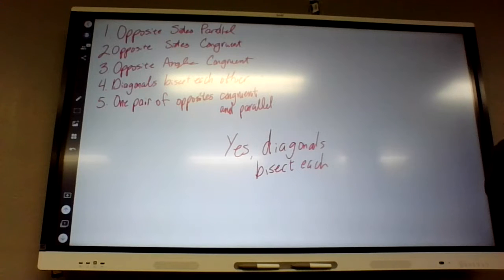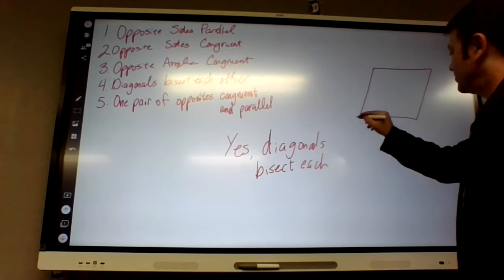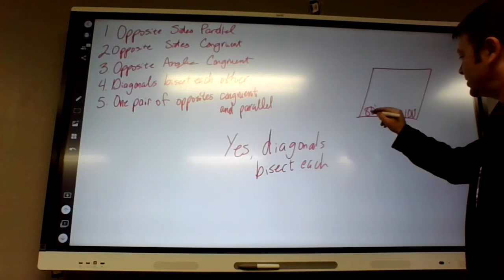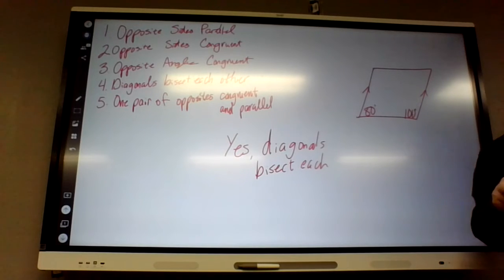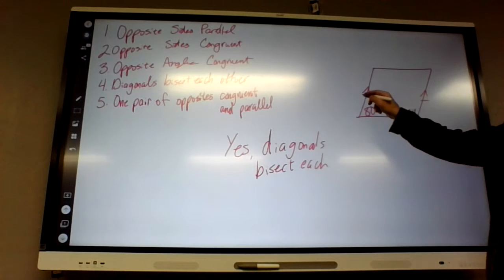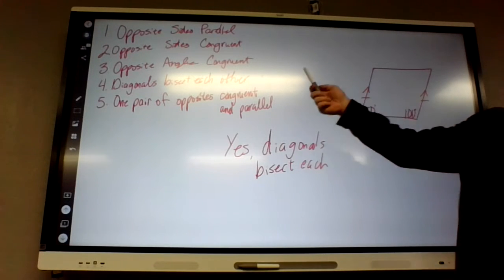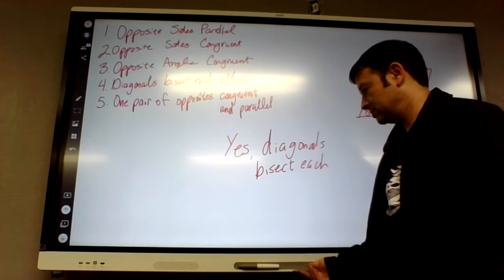You guys know what I'm talking about? If these two add up to 180, that only happens when these lines are parallel. They also tell us that these two sides are congruent. So we could do like number 5. You can say yes, because one pair of opposite sides is congruent and parallel for number 4.